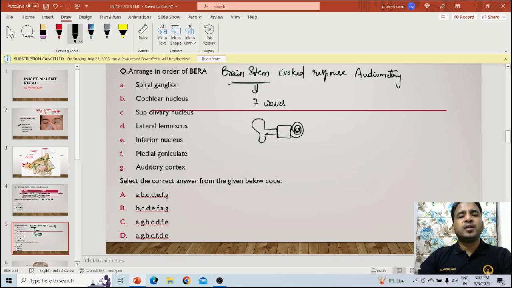From the inner ear, there occur spiral ganglions. Spiral ganglion will form the cochlear nerve. This is the distal part, this is the proximal part towards the brainstem. This is the cochlear nerve. Then this cochlear nerve will further go to the cochlear nucleus.